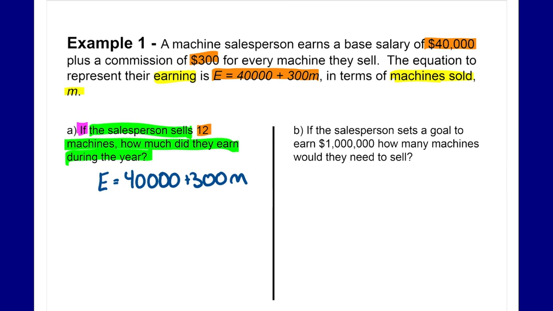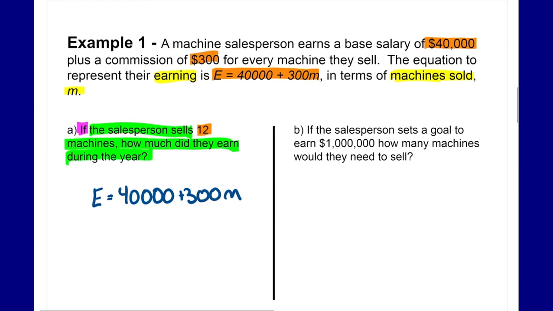So I'm looking for that E value. Because I'm looking for the E value, I should have a number that I can replace M with. And I do, because the question says they sold 12 machines. So for this specific question, I'm told that M is equal to 12.